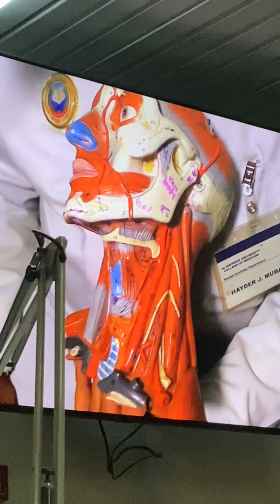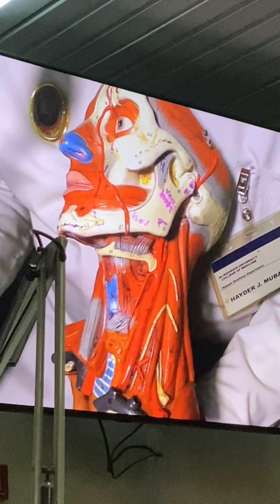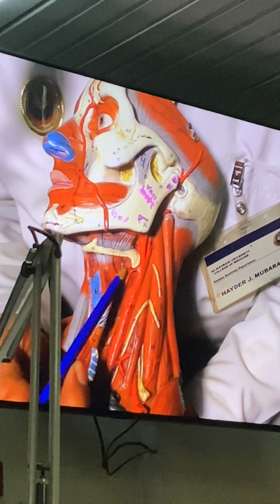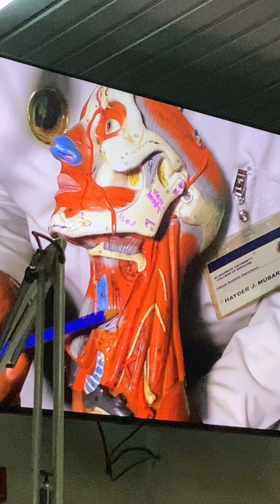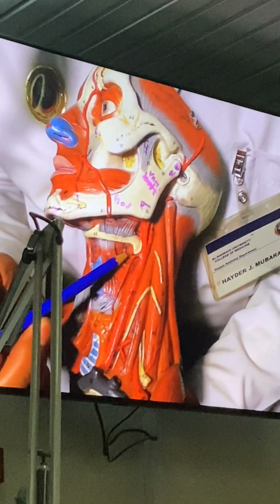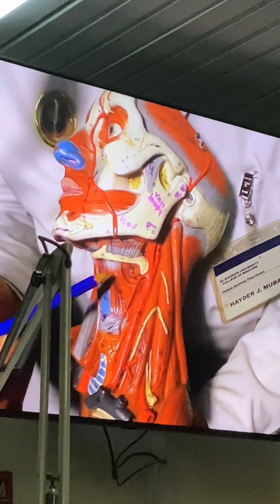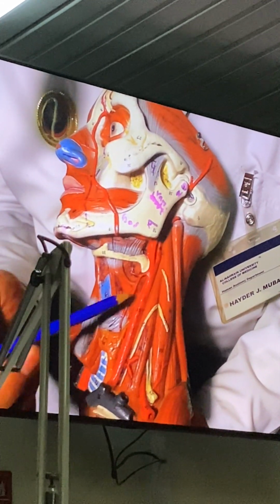So we can see that the manufacturer shows you that a small twig originates from the superior thyroid artery. This small twig is the superior laryngeal branch of the superior thyroid artery.